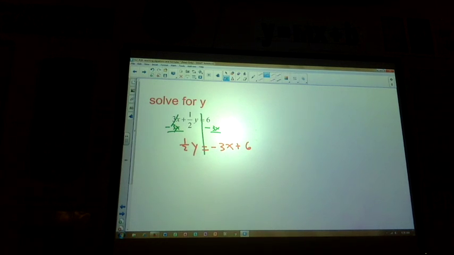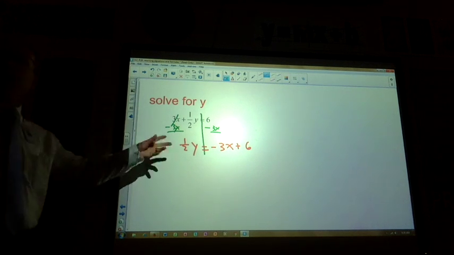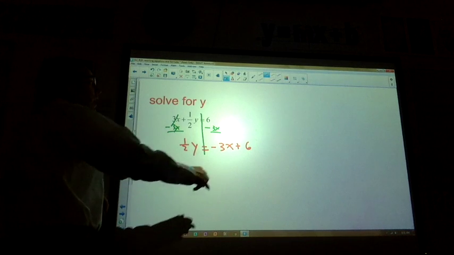Could you multiply by 2 next? I like it. Multiply everything by 2 next? What do you guys think? Now, 1/2 y. If I multiply everything by 2, that means the 1/2 times 2, the 2's cancel out.